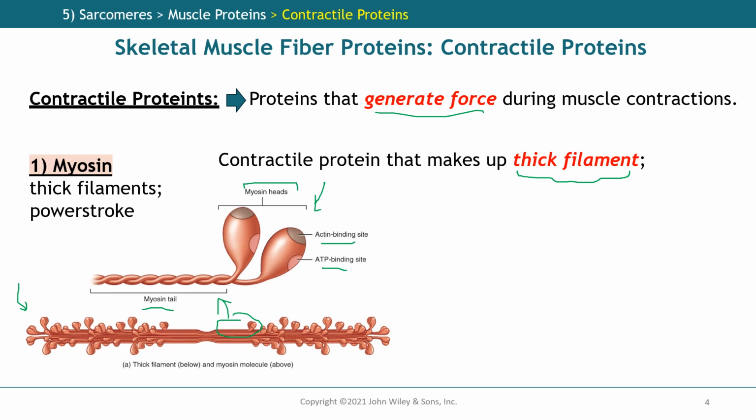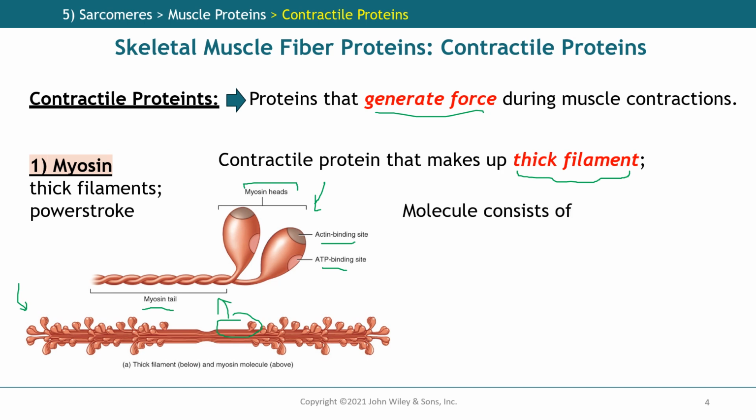So if the myosin is attached to the actin, it's not going to be attached to the ATP and vice versa. This is why we are constantly spending ATP during muscle contraction to attach and detach to the actin and produce the sliding that we will see in a second.